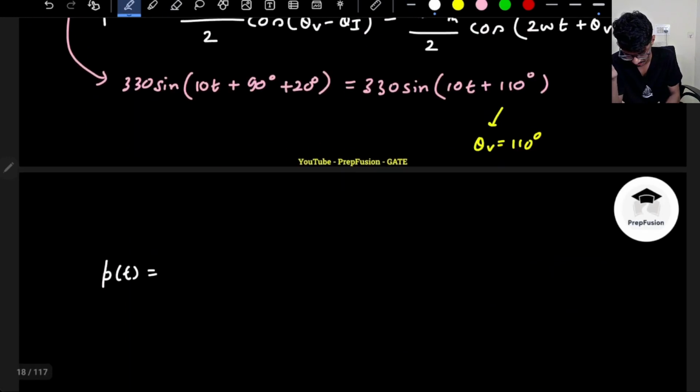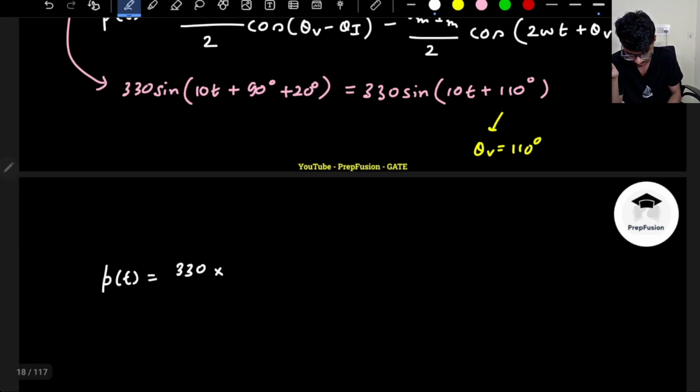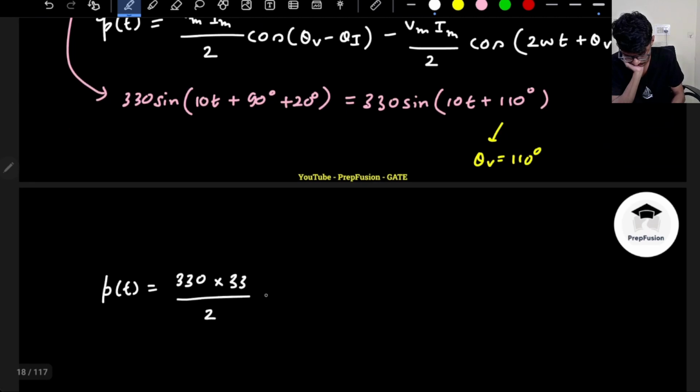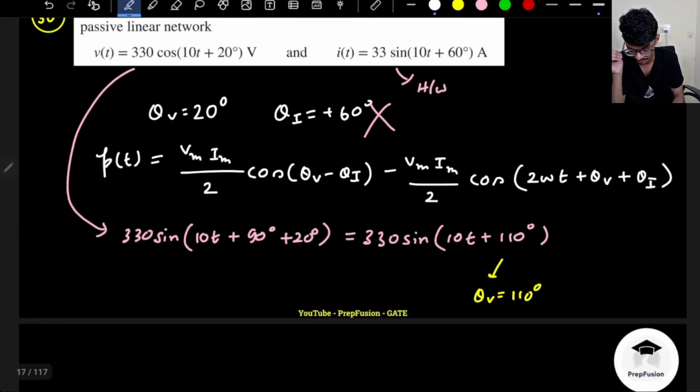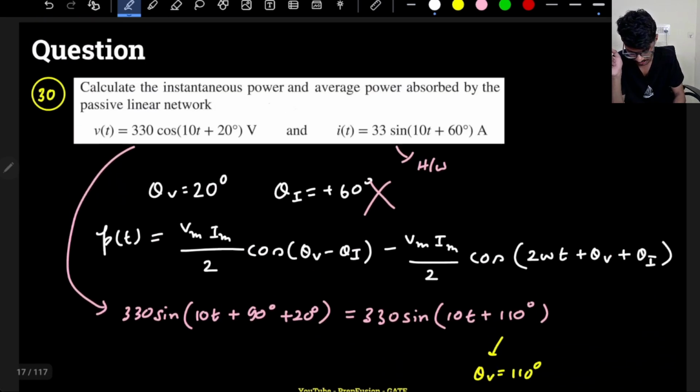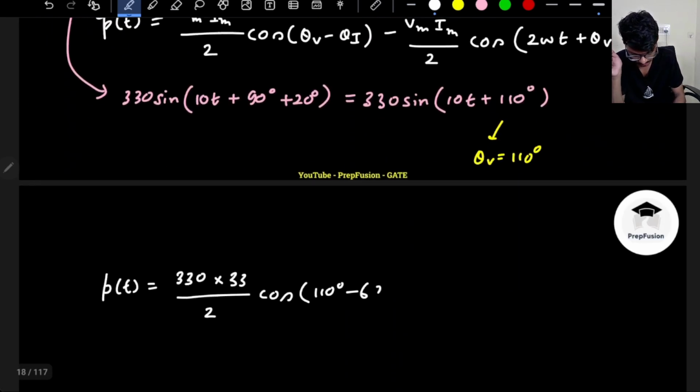Vm is 330, Im is 33, divided by 2. Then it is cos of theta V minus theta I. Theta V is 110 degrees minus theta I, and theta I is 60 degrees.